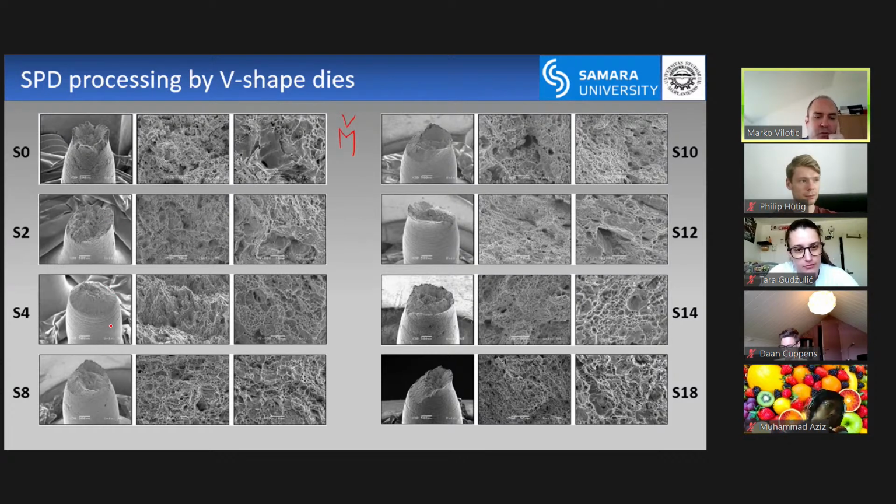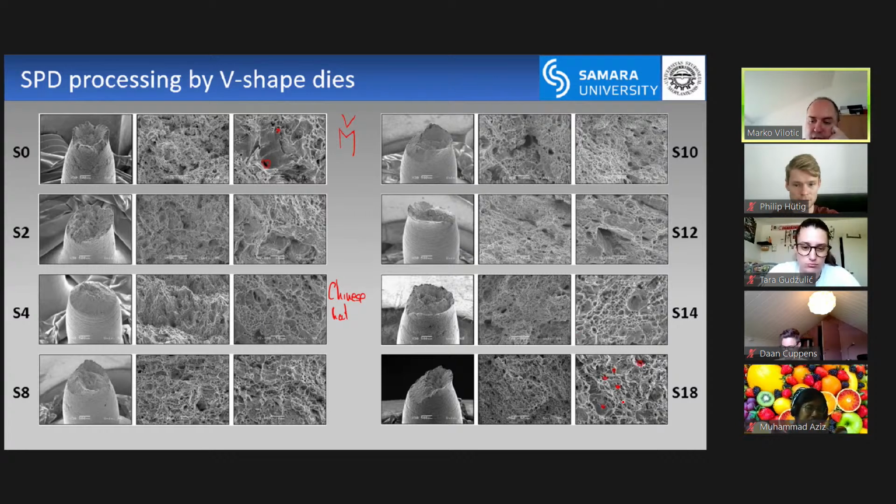Then once we increase the number of processing stages, we see certain changes. Here, for example, they call this shape of the broken area Chinese head. You still see the dimples, but for example, you can see the dimples here are smaller and bigger in size. And as we increase the number of processing stages, the dimples become more or less the same.